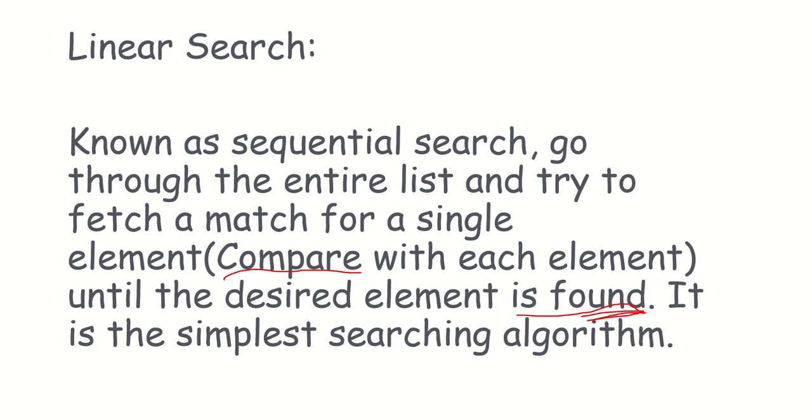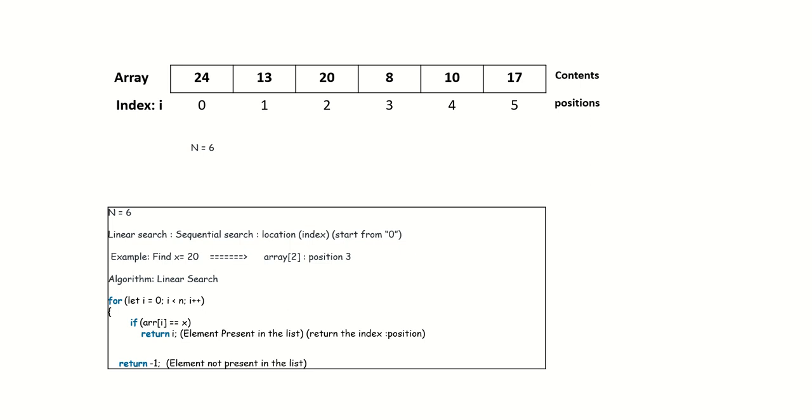So let's go into some details of how it works inside the array. For example, when we select linear search, we have an array. Let's name it array. The index i means the moving step by step: 1, 2, 3, 4, 5, 6.